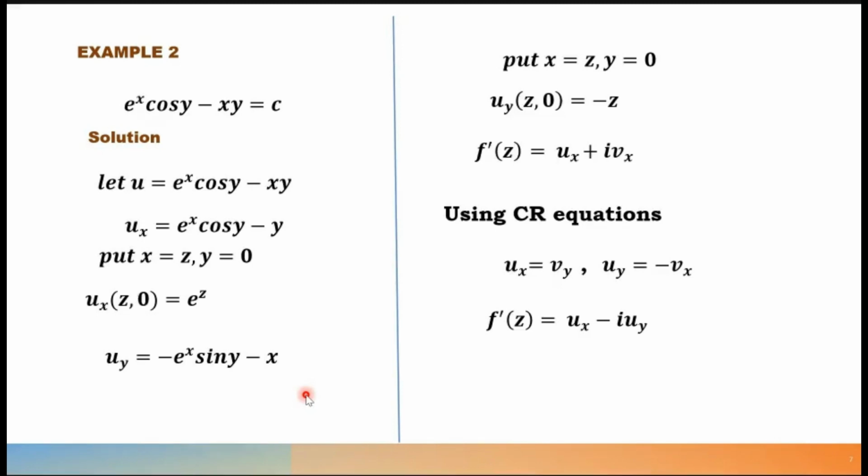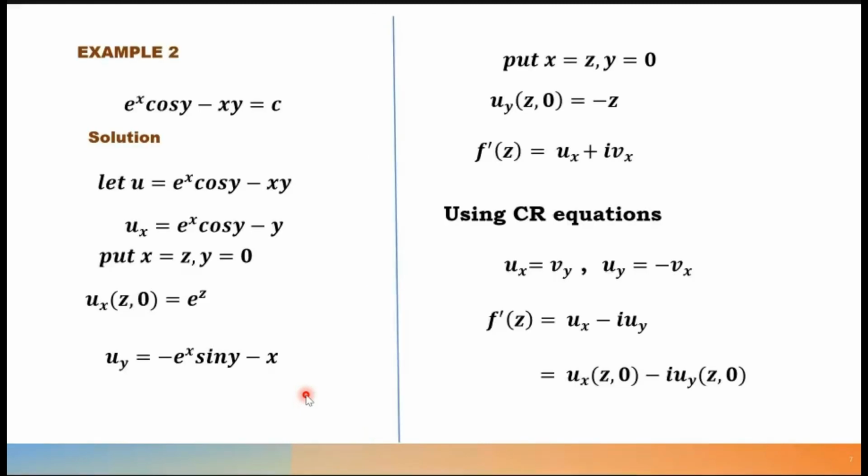Okay. So f dash of z is ux minus i into uy. Again, substituting for ux, uy, we will get f dash of z to be e raised to z plus i into z, right? Ux is e raised to z and uy is minus z.